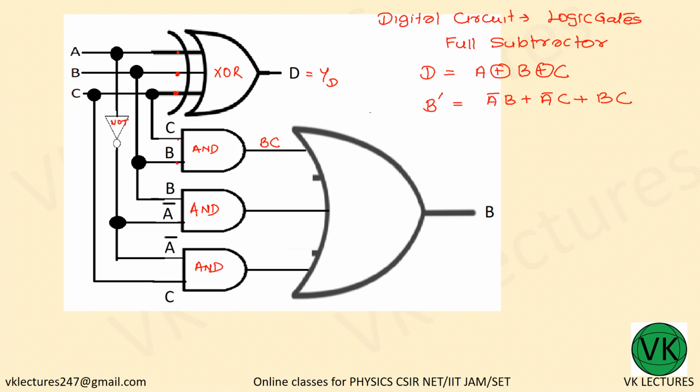So A bar B and this is A bar C, then all are moving to OR gate. So in general what it became, finally you have A bar B plus A bar C plus BC. So this is the output of the borrowing, so YB.